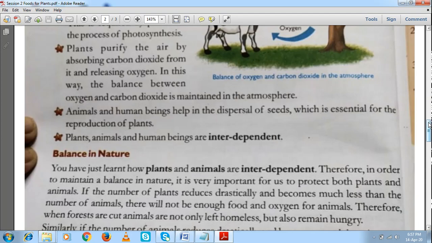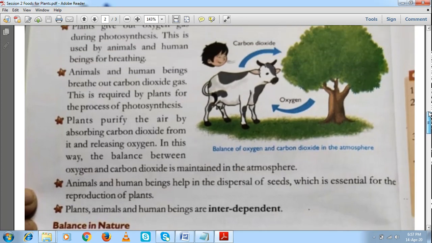But children, in a similar manner, the plants also depend upon us. As you can see in this picture, the carbon dioxide, which is the gas exhaled by us, is taken in by the plants. Because we have already studied that carbon dioxide is the gas which the plant needs to prepare its own food. So, this gas, which is released by us, is taken in by the plants.